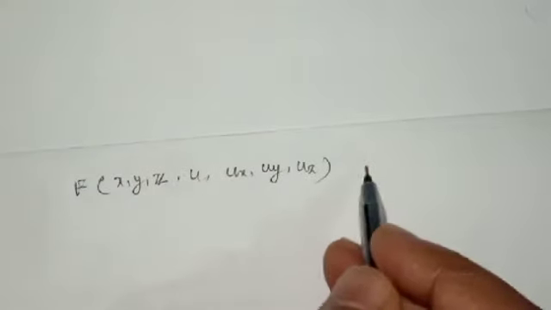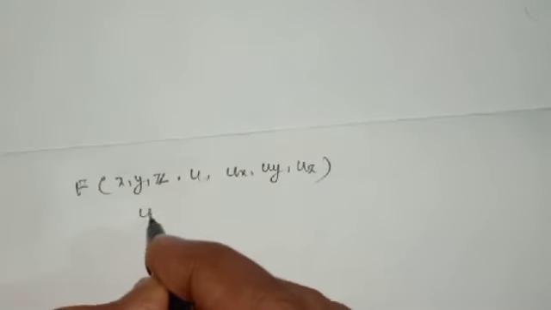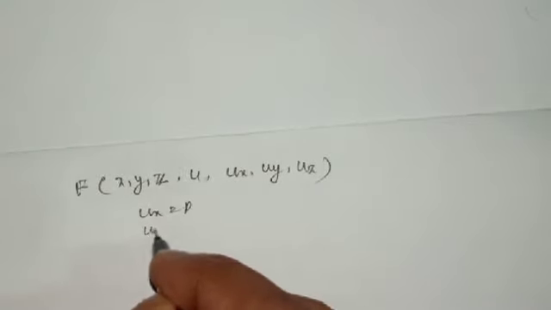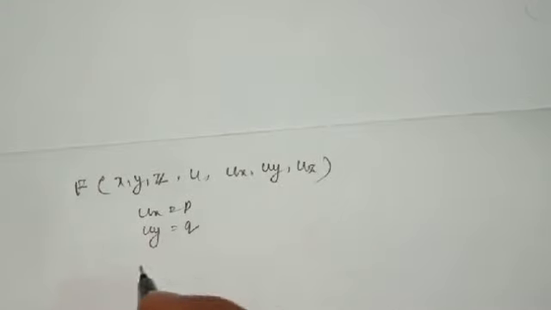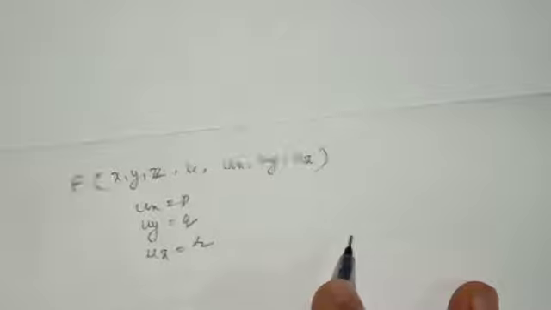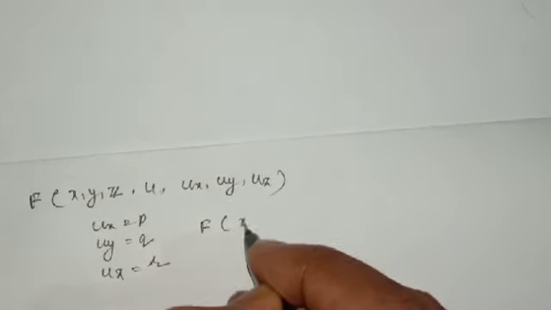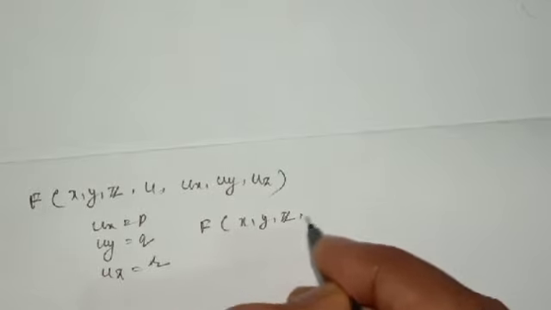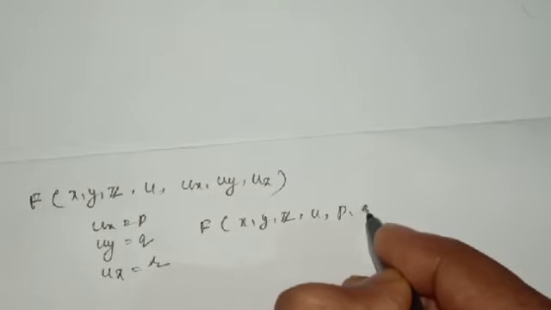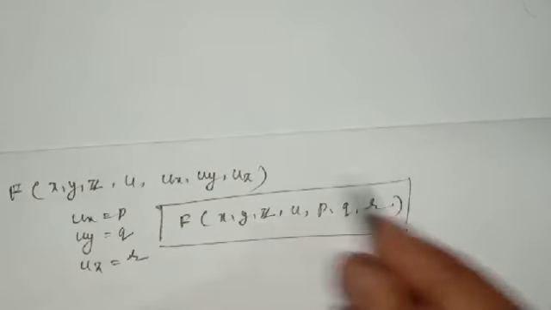Is that clear, students? If we take ux as p, uy equals q and uz equals r, then our equation will look like f of x, y, z, u, p, q, r. So this is the quasi-linear equation in three variables.